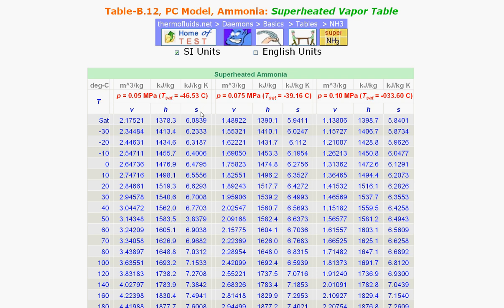So let's just find something. I want to know the enthalpy of ammonia, given that it's at a pressure of 1 megapascal and it has a temperature of 100 degrees Celsius. So first thing I'm going to do is find the pressure table for it at 1 megapascal.